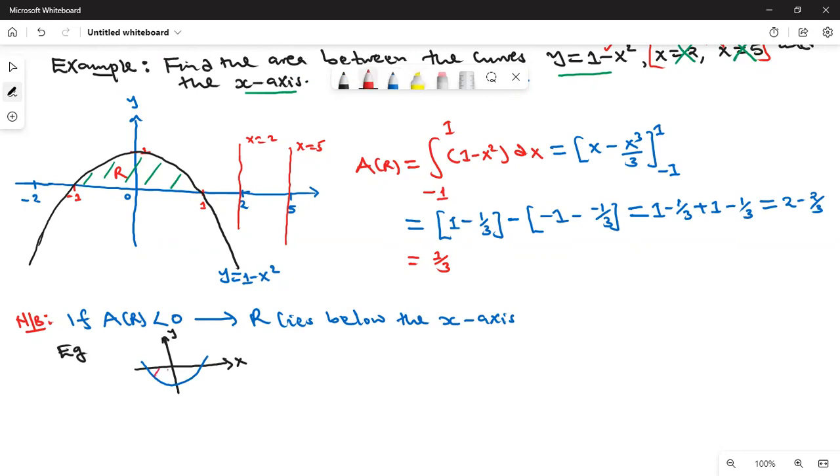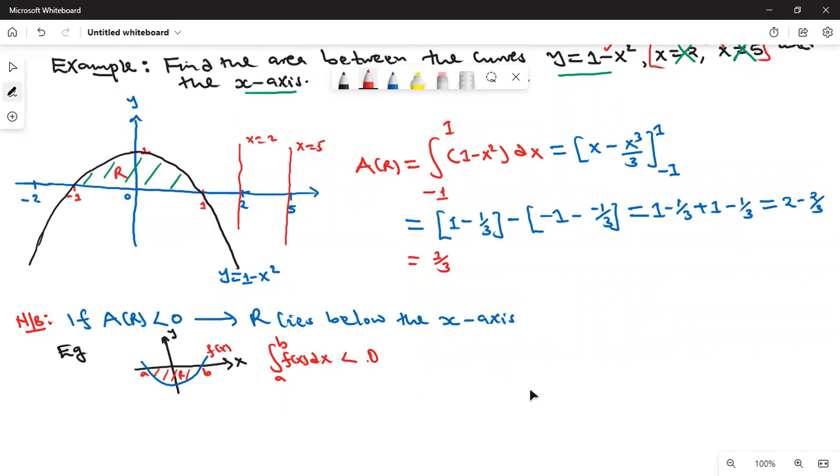This is your region R. This is A and this is B. Of course, that area will also be negative. The integral from A to B of f of x dx must be a value less than 0. It must be negative because R lies below the x-axis in that case.